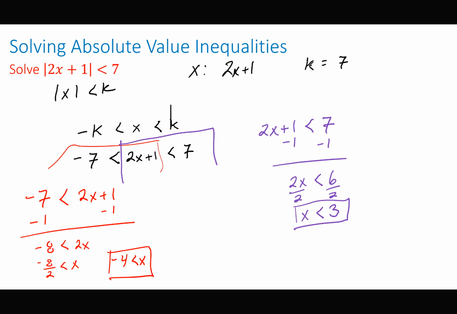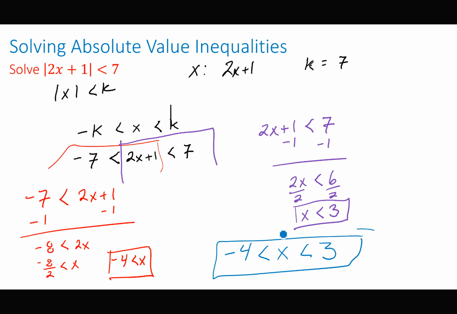So I know x has to be greater than negative 4, but also x has to be less than 3. So my final answer on this one, I could write as one single inequality of negative 4 is less than x is less than 3. That would be my absolute final answer. Going all the way back to the beginning, solve, tell me what value of x will work so that the absolute value of it would be less than 7. If x is between negative 4 and 3, it will work.